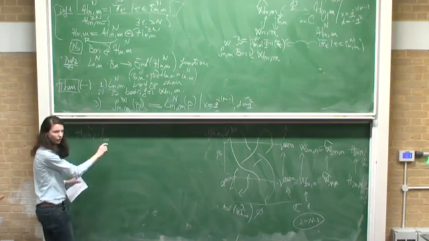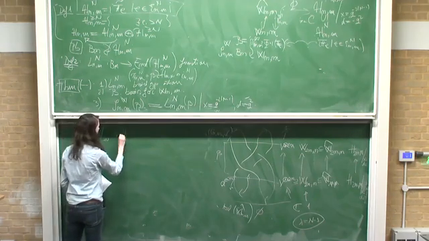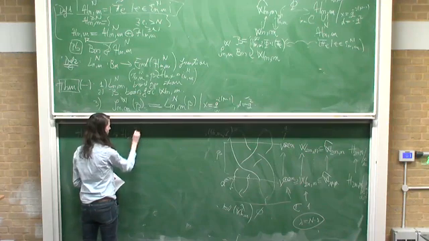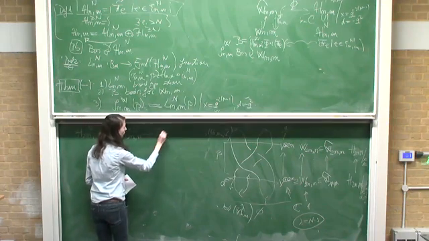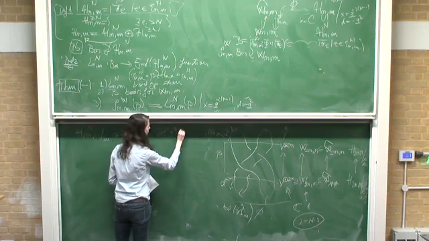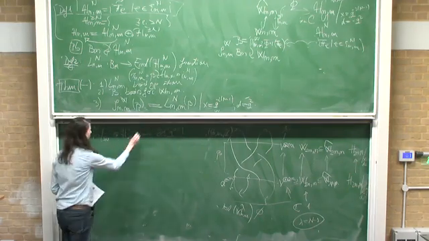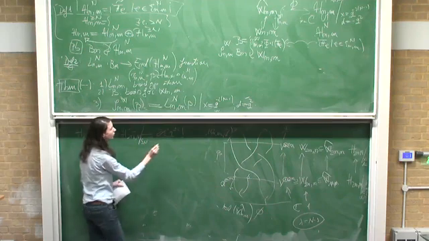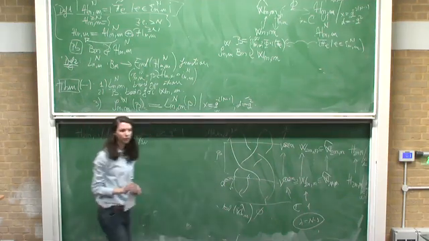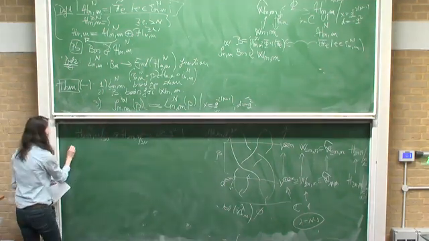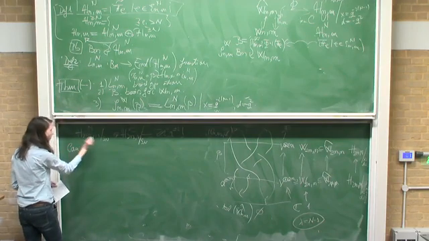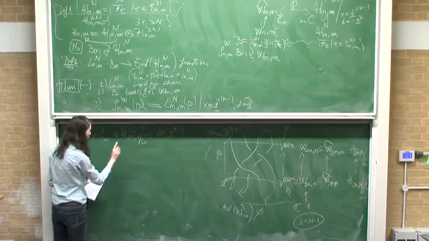I don't write the specialization. Tensor its dual into Z[T^{±2}]. The specialization is exactly the one that I wrote here. And then which will be a Bigelow-type pairing function.